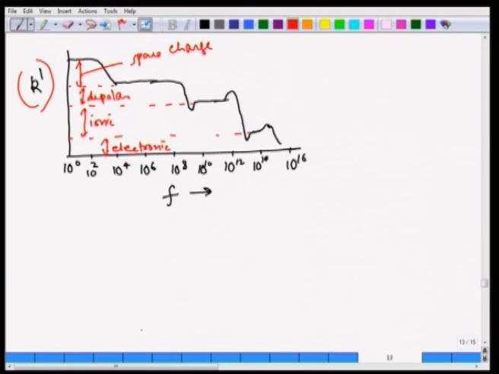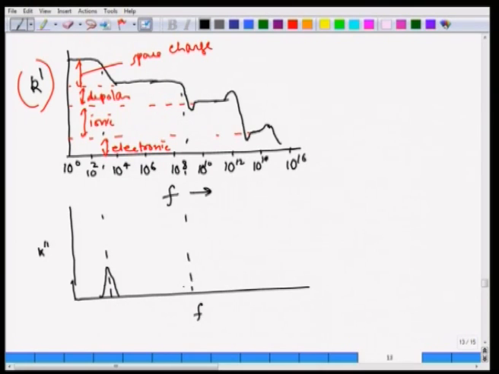This is the space charge polarization, and correspondingly if I plot K double prime, then wherever these changes occur, somewhere here you are going to get a peak. This I have not talked about. There are relationships based on which you can calculate these, but I am not going into that much detail.